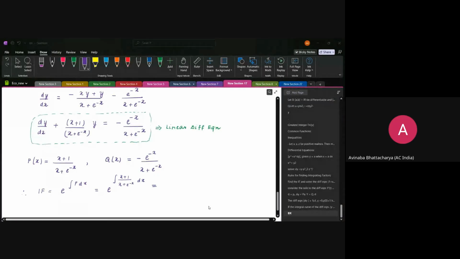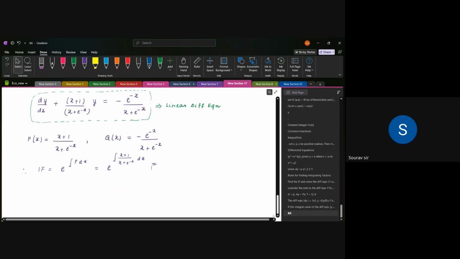Multiply numerator and denominator with e to the power x. So I need to do this integration.